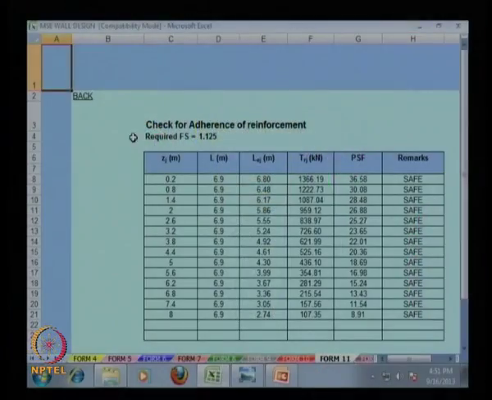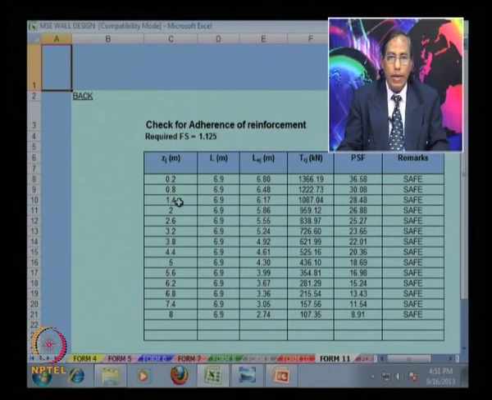Now we will go to the seismic analysis check for adherence of the reinforcement. Required factor of safety is 1.125. This is Zj, 0.228. The length is 6.9, constant, and this is Lej 6.80 to 2.74.